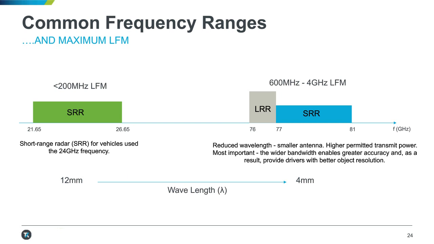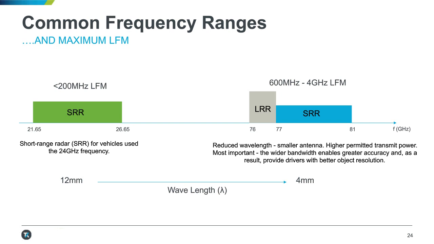And if you know your physics, you know that the frequency and wavelength are related. So the wavelength up in the higher frequency bands, 77, 81, 76 gigahertz, is about 4 millimeters. And so that means the devices can be a lot smaller. You can embed them behind the grille of the car, if the car's still got a grille, and they're reasonably small devices.